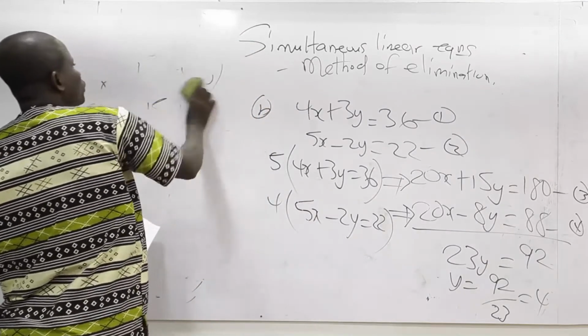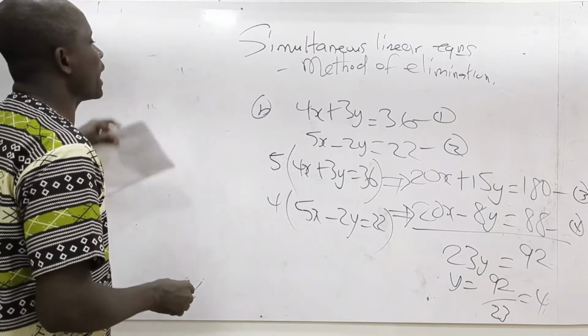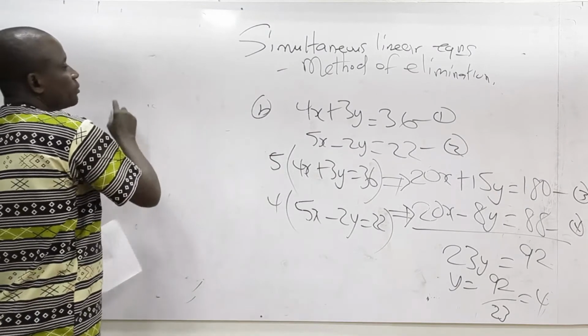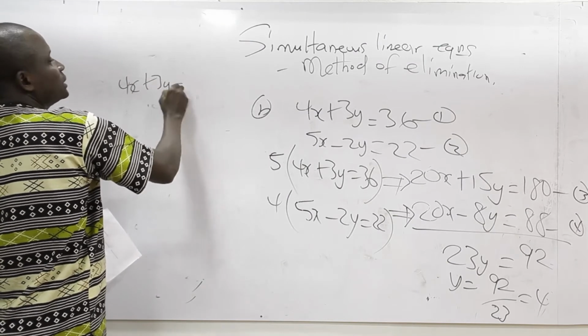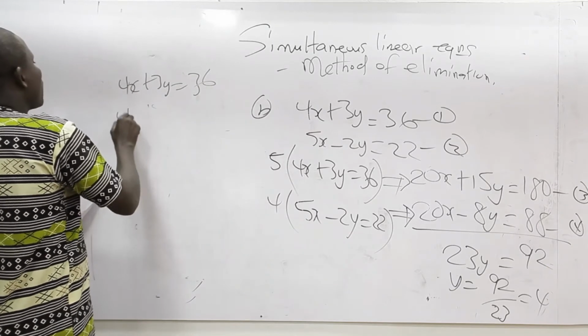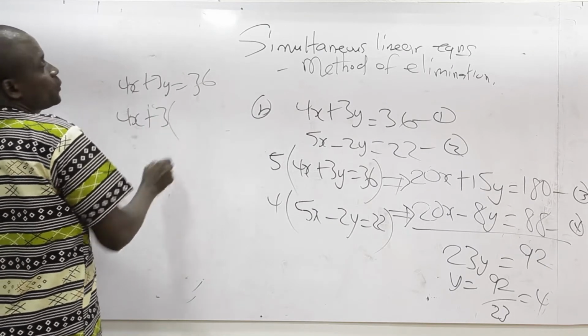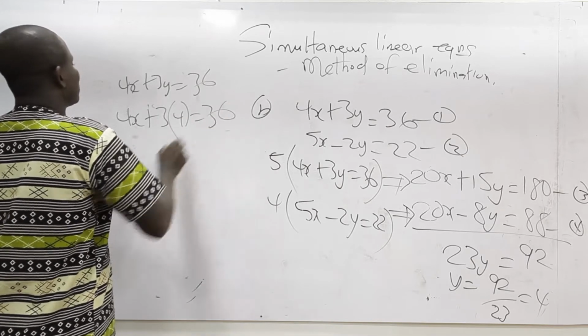After getting y is equal to 4, then we can put it anywhere to get our x. So here, I'm having what? 4x plus 3y is equal to 36. So we have 4x plus 3, and we now know y to be what? 4, is equal to 36.